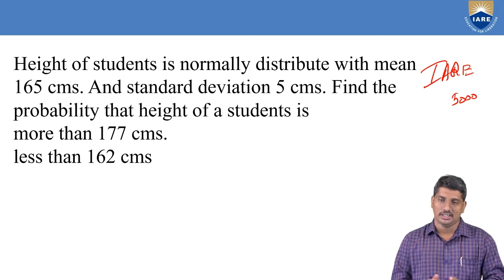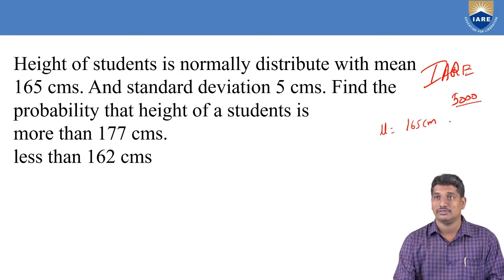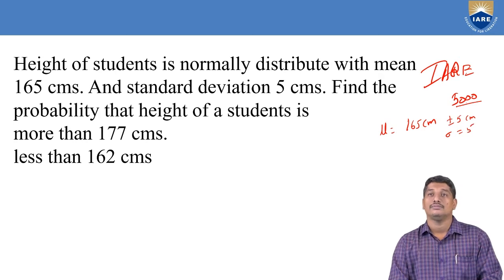We have assessed that the average height of these 5,000 students is 165 centimeters, which may vary plus or minus 5 centimeters. That is, sigma is 5 centimeters.